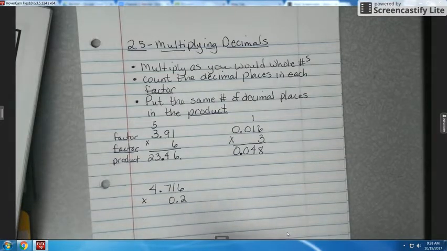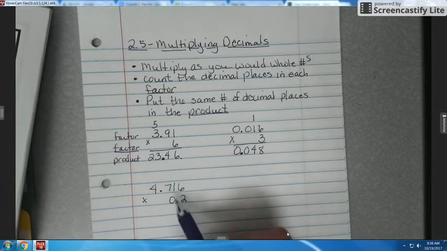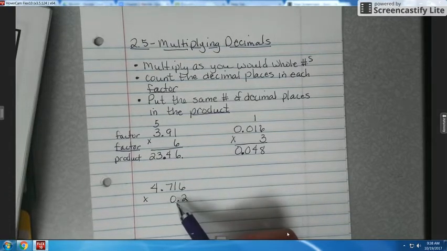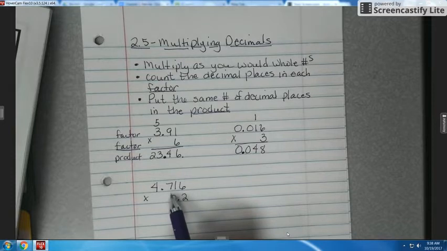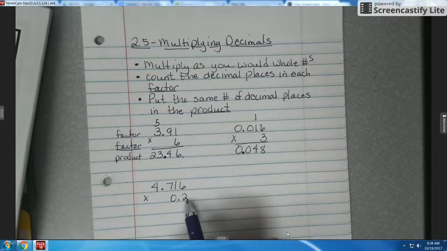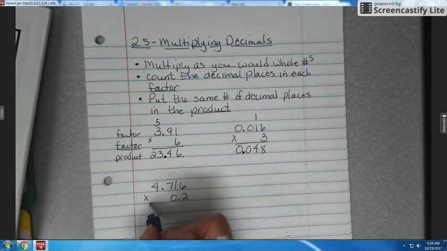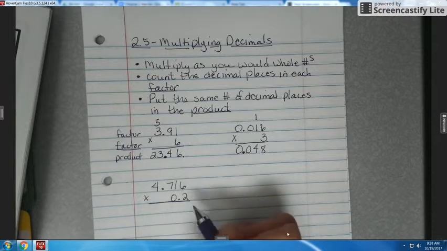The first thing I just want to mention to you is if you look ahead of time at your decimal situation, sometimes that can help you. So 1, 2, 3 place values or digits behind the decimal point and 1. So you know right away that you're going to have a product with 4 decimal places. Sometimes if you organize that in your head beforehand, then that helps.